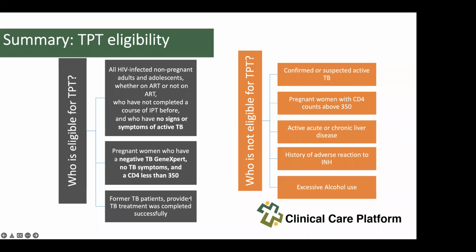A patient who has completed TB treatment successfully can still benefit from INH. And how you approach these patients is that you have a patient who has completed TB treatment. You need to check, one, is your patient still symptomatic or not? Patient's symptoms have resolved.